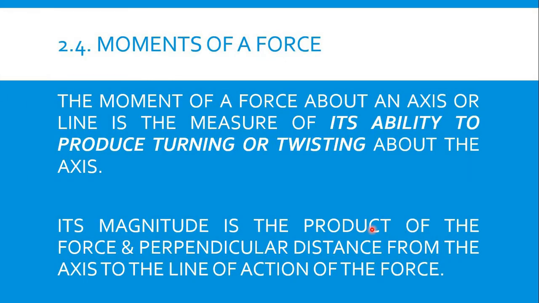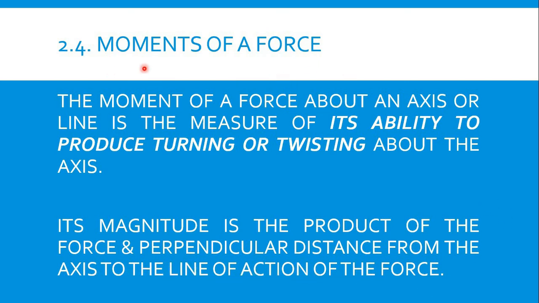Next is moments of a force. The moment of a force about an axis or line is the measure of its ability to produce turning or twisting about the axis. Its magnitude is the product of the force and the perpendicular distance from the axis to the line of action of the force.